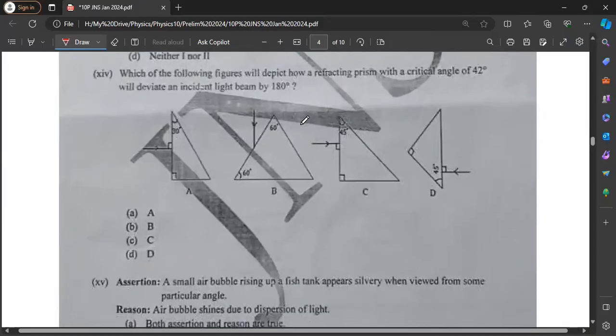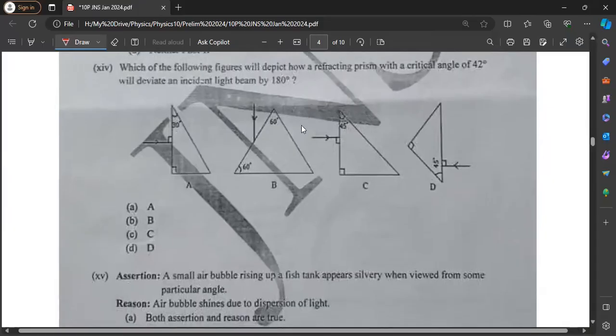Fine. Moving ahead, here the question was 180-degree deviation. You have studied this, and these are standard diagrams in the textbook. This is a 45, 45, 90 prism. So this is the answer because the ray of light is going there and it is coming out at 180 degrees. Only one answer is correct in a multiple choice. So D is correct.